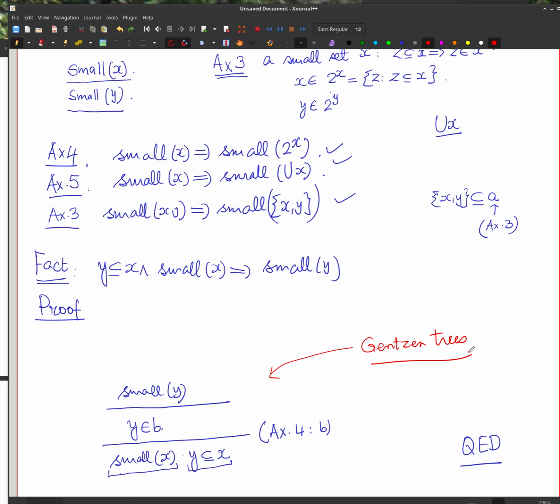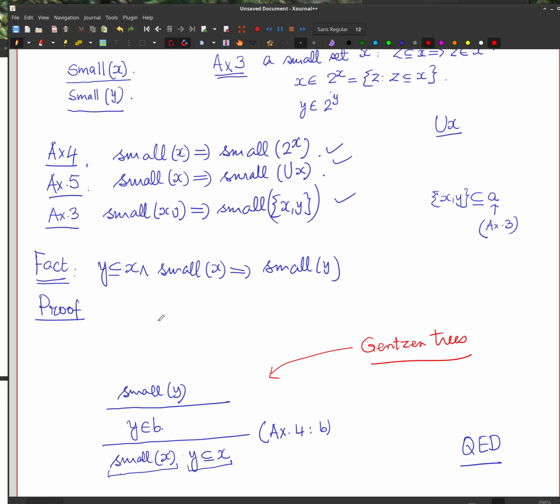So proofs actually look like this. These are statements and we go up, so it's like an inverted tree. These branches are all statements which have been proved or are axioms, and then we get it.